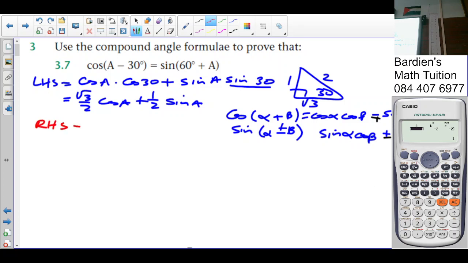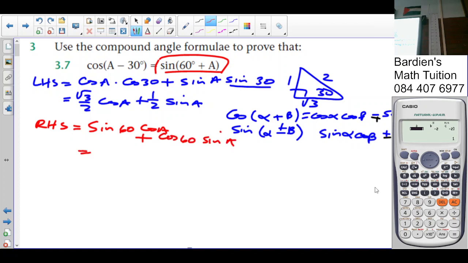The right hand side is equal to sine 60 plus A, which will be sine alpha, which is 60, cos A, same sign, cos 60 sine A. So sine 60 is going to be root 3 over 2 cos A, cos of 60 is adjacent, which is 1 over 2 sine A. What do you notice here now?